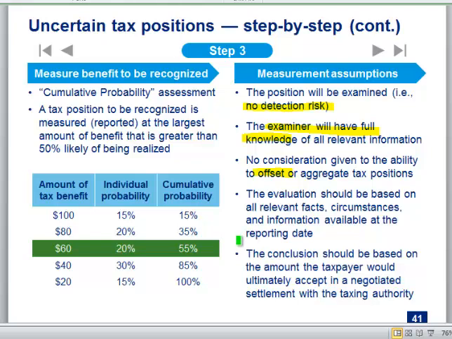So here's where you can say, well, all relevant facts, circumstances. So now you can take into account other facts. And that could be things like, well, my agent wants to retire. Or, this agent is really aggressive and they're going to get me and I should anticipate that.